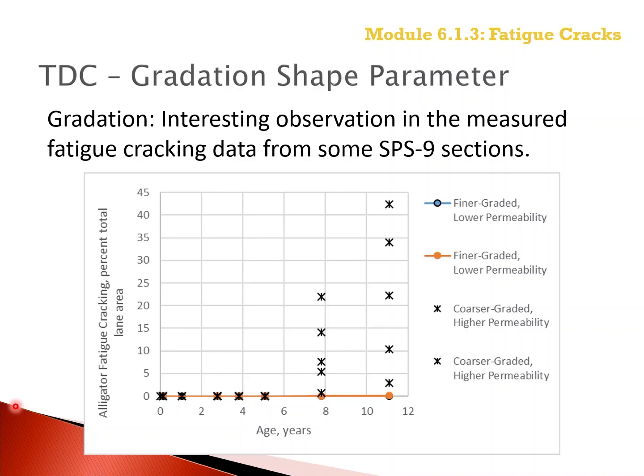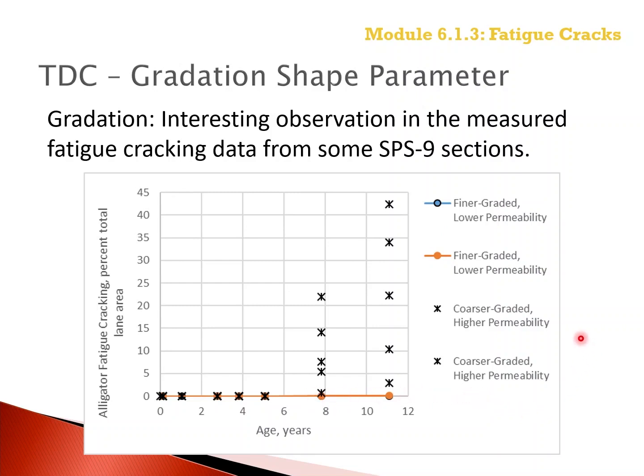The more coarse graded aggregate blend, with higher permeabilities, the greater the area of alligator cracking in terms of percent total lane area. The coarse graded mixtures, as exhibited with the X, exhibit more top-down cracking than the fine graded mixes exhibited by the circles.